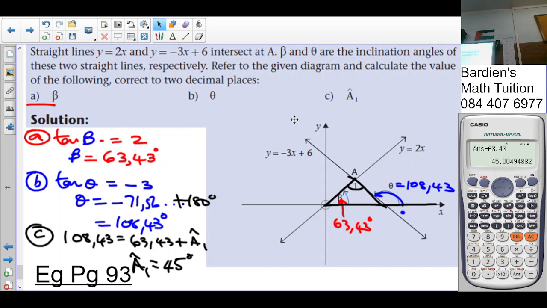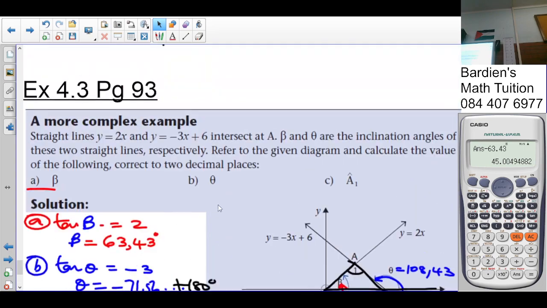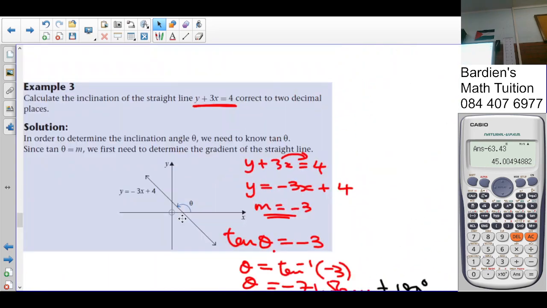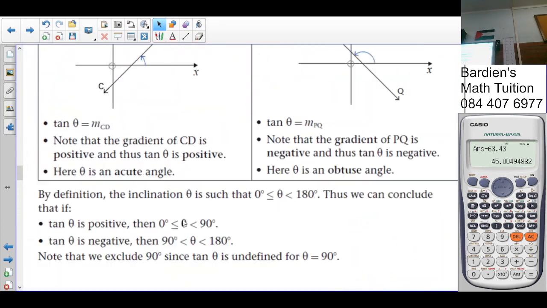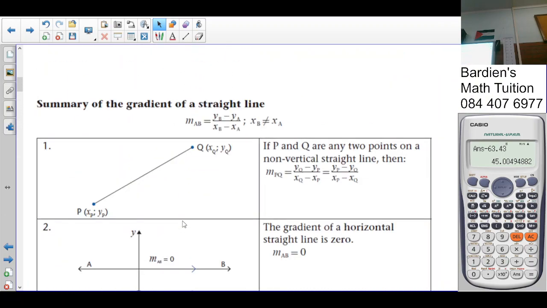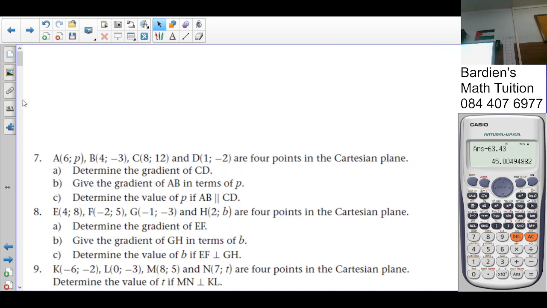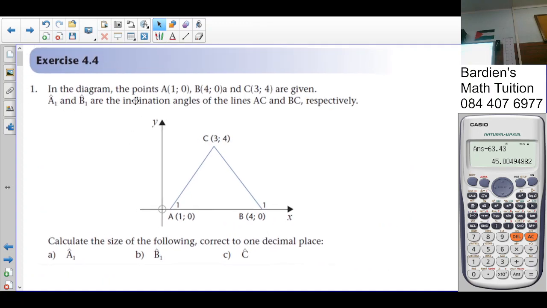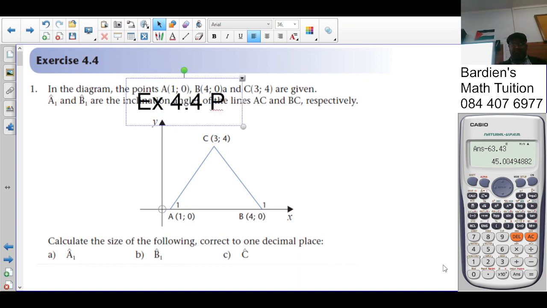Right, we'll do another one. The second page. Here's the first sum in exercise 4.4, page 94.